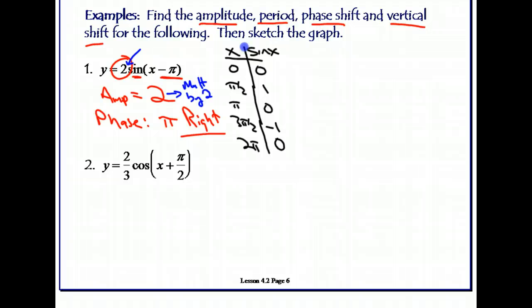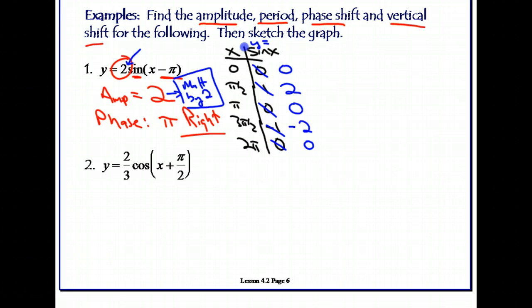So I come over here, and again, sine x, this is y equals sine of x. These are my y coordinates on the right. And I take all of these, and I multiply them by 2. Well, 0 times 2 is still 0. 1 times 2 is 2. 0 times 2 is still 0. Negative 1 times 2 is negative 2. And 0 times 2 is 0. So the amplitude, you're going to multiply your y coordinates by that amplitude. That will work every single time.